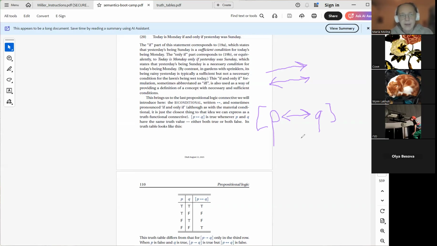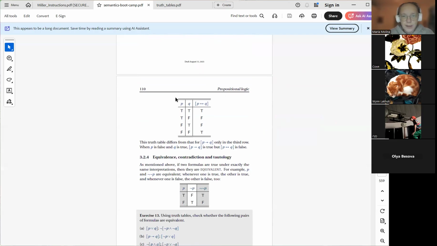And now we come to the truth table over here. Can you see that it is different from the truth table of if P then Q? What's the difference? The difference is in the third line.